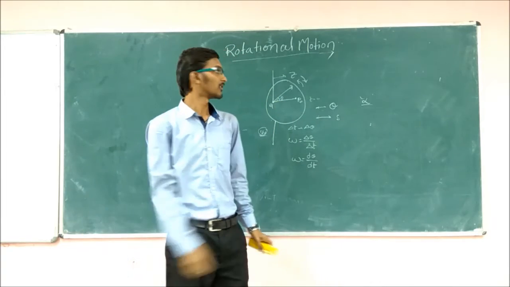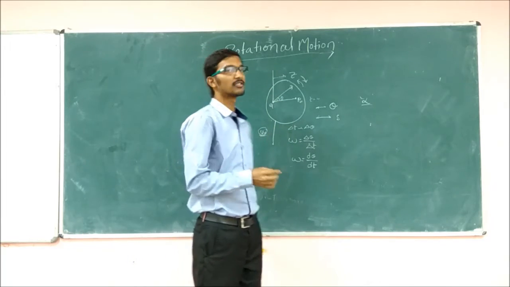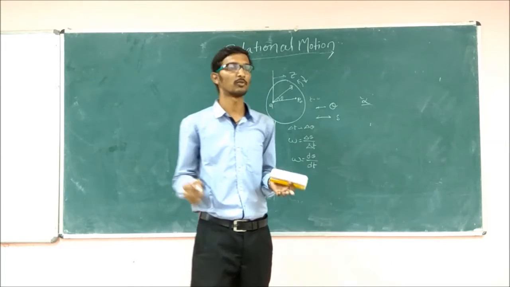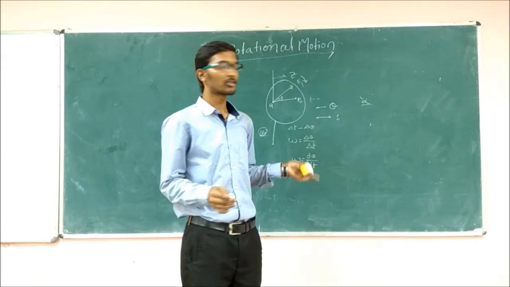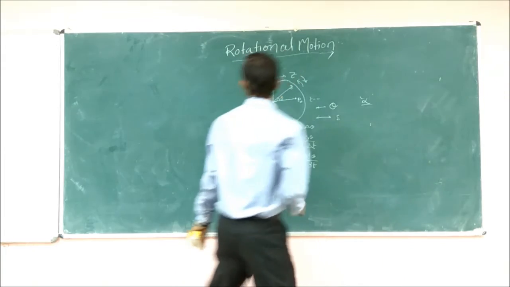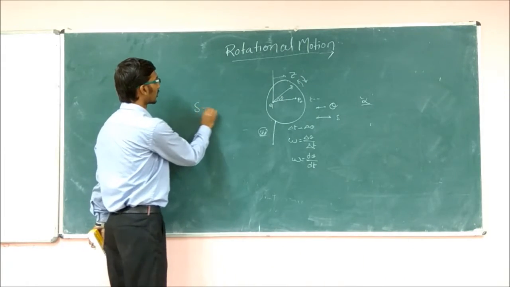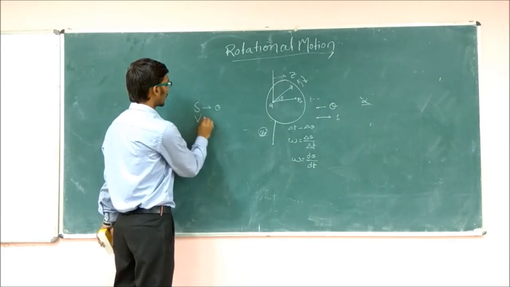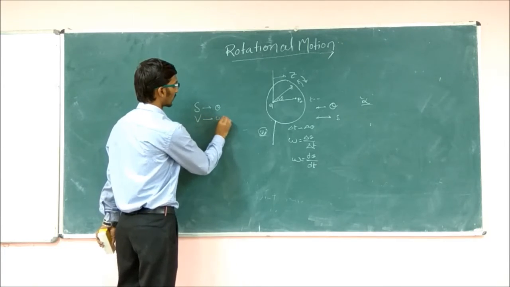So I have been saying the terms used in rotational motion are similar to those of translational motion. The analogous terms are: for displacement s, the analogous term is theta. For velocity, the analogous term is angular velocity omega.